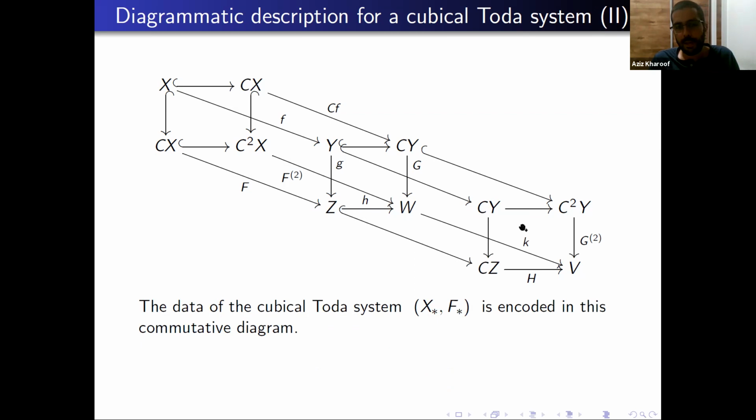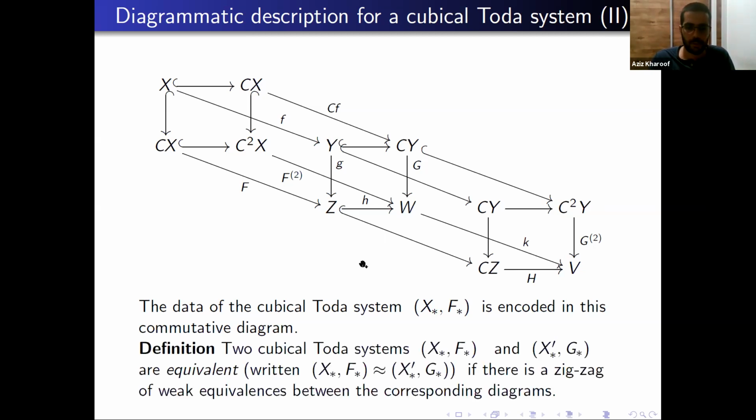So if we want to have another Toda system, these two Toda systems are equivalent if and only if the corresponding diagrams are equivalent as diagrams. There is a zigzag of equivalences between them, okay? So this is the definition, okay? And we expect that this will give us equivalent Toda brackets, okay? Induces equivalent Toda. So we will see, but then the question is how to define Toda by using this.